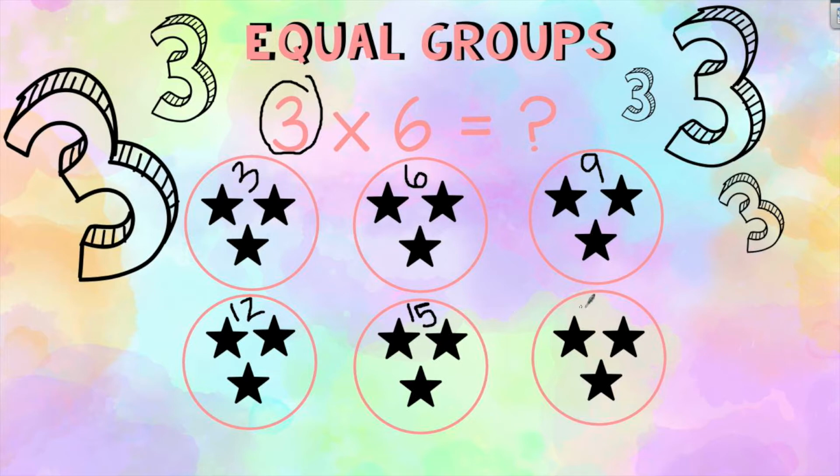And 15 plus 3 is 18. By doing this, I have found out that the product of 3 times 6 is 18.